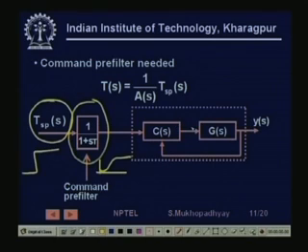In such a case, this control input saturation, U saturation, will not take place and you can still control it. So this is a very simple example of how a feed forward controller can be designed.